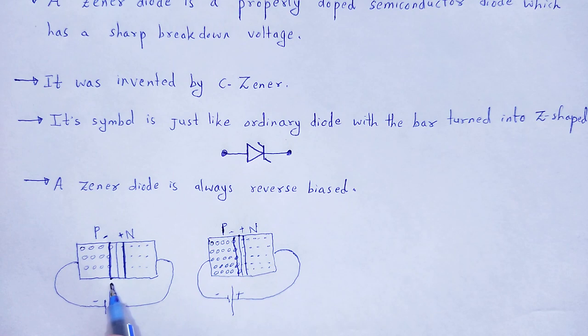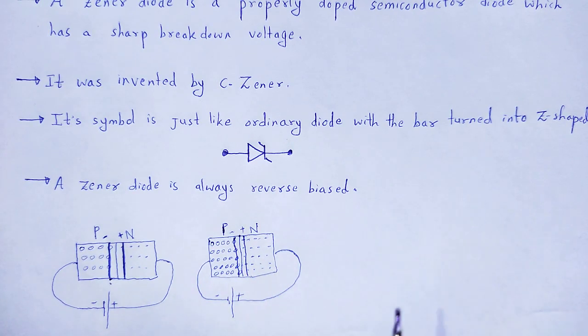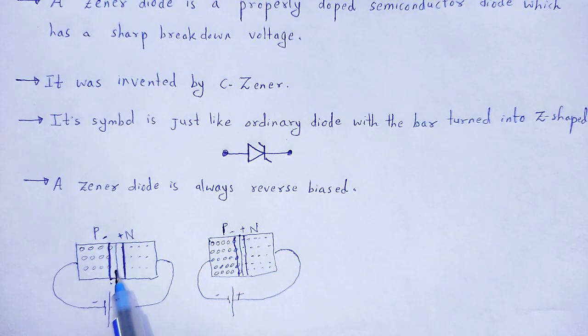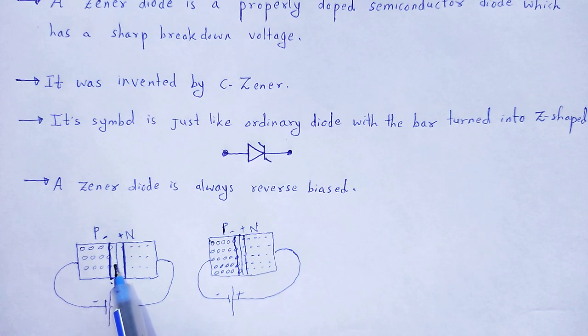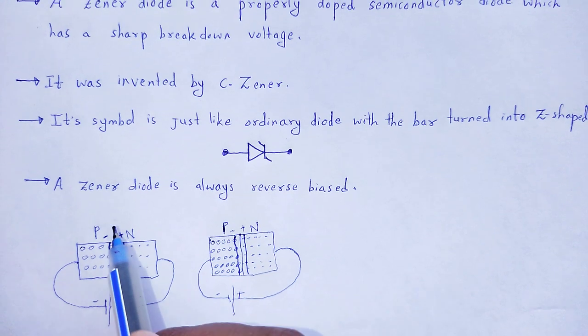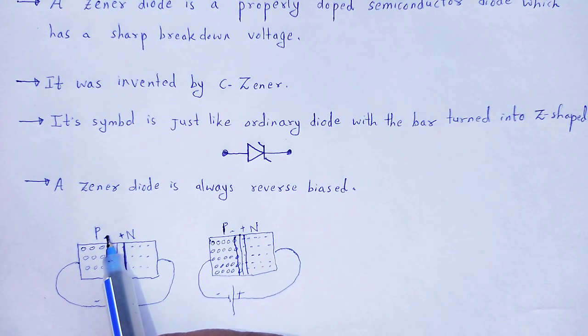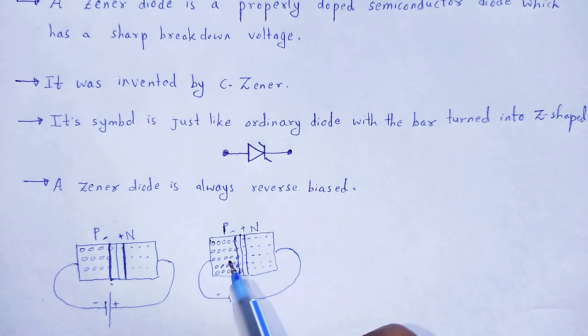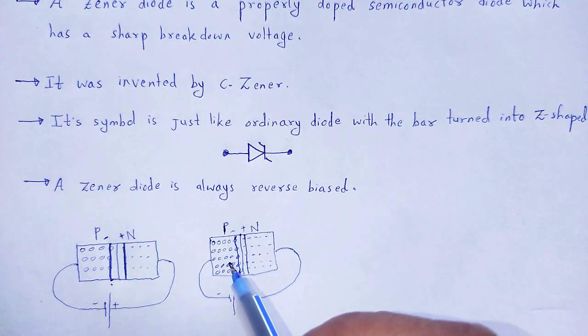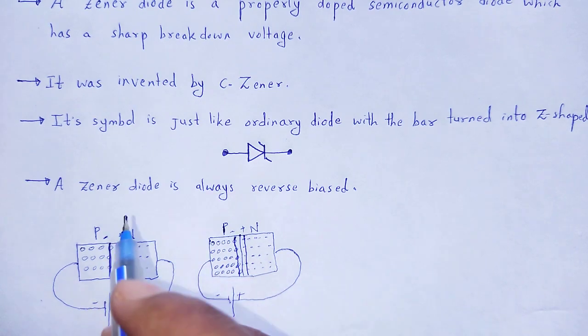Therefore, the depletion region is too high as compared to that of Zener diode. As the doping concentration is high, the electric field generated from positive to negative will be high as compared to that of Zener diode.